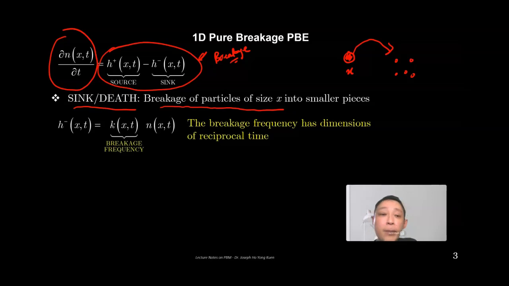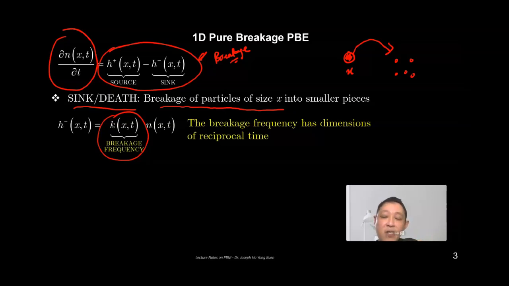So the sink term, typically in population balance, we can write it as the breakage frequency, or you can say that it's some sort of rate constant. But the difference is that in this case, as you have a range of particles of different sizes, not every particle of a specific size will break at the same rate, so we would have this k as a function of x and t.